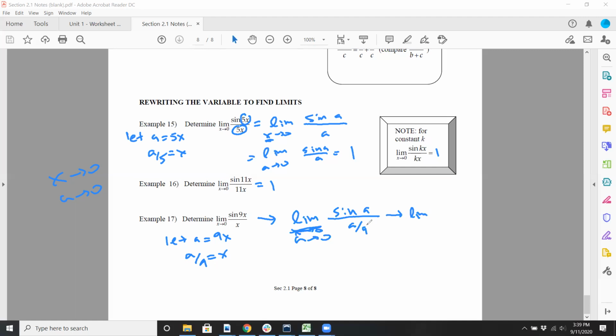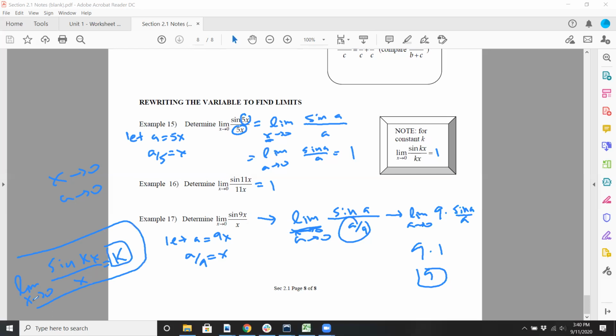So I can flip this over. I have 9 times sine a over a as a approaches 0. Well, I know that's just going to be 9 times 1, and I get 9. So in this case, we have sine of kx over x, the limit as x approaches 0. The answer is just going to be k. So that's another property we got there too.